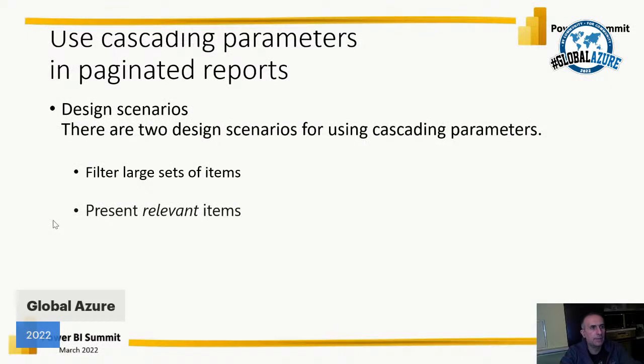There are two main scenarios where cascading parameters are needed. First is when you need to filter a large set of items and need more precise filtering, and second is when you need to present relevant items to have more control in this filtering.